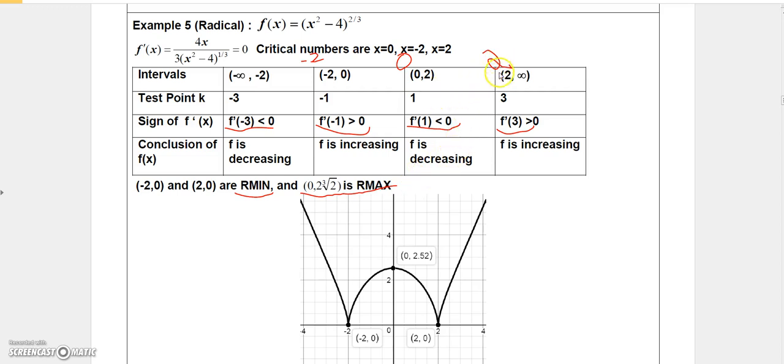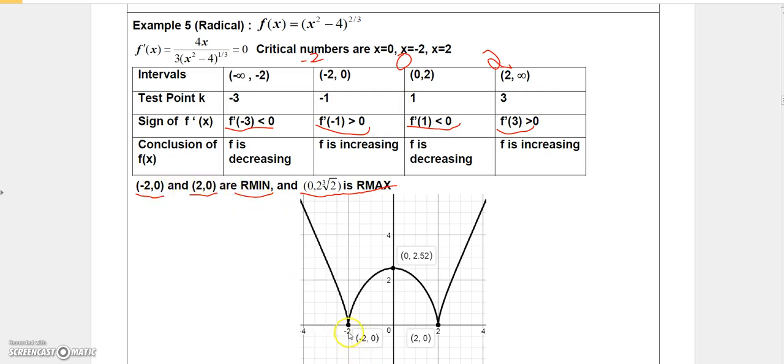At 2, the derivative is negative to the left of 2 and positive to the right of 2, so again we get a relative minimum. So the points -2, 0 and 2, 0 are relative minimums. Really the y value is the minimum, 0.